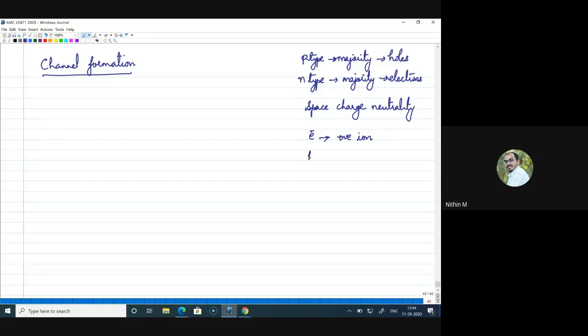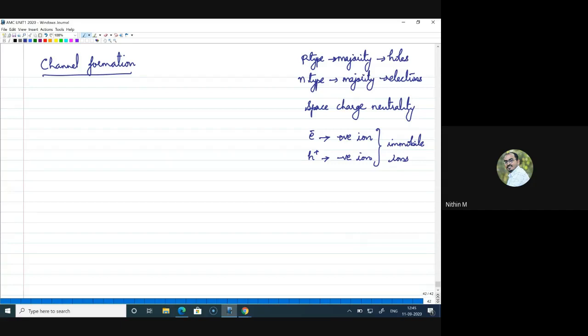And each hole will have a negative ion. We call these immobile ions. Ions are immobile. Atoms are immobile. Only electrons can move, right? So keep these things in mind. This may help us while we explain the operation of this MOSFET, right?